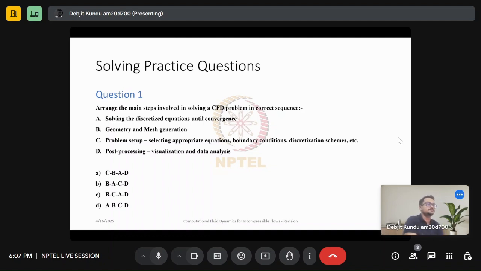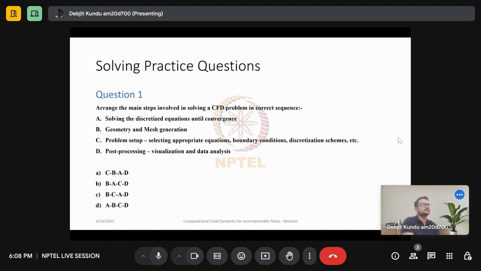Step B, geometry and mesh generation. Step C, problem setup, selecting appropriate equations, boundary conditions, discretization schemes, etc. And D, post-processing, involving visualization and data analysis.